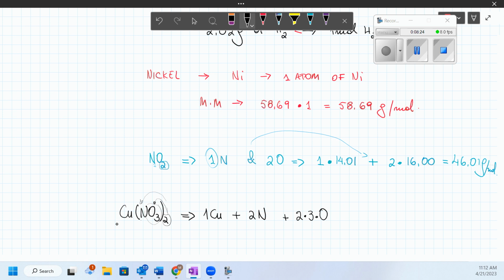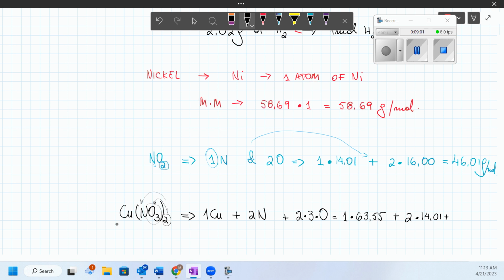As soon as you identify the number of atoms in the compound, and this is probably the hardest case that you will see, then you move to the periodic table and ask, what is the atomic mass of copper? And then you have 1 copper times 63.55, plus 2 nitrogen, and then you go to nitrogen, which is 14.01, and then 2 times 3 is 6.